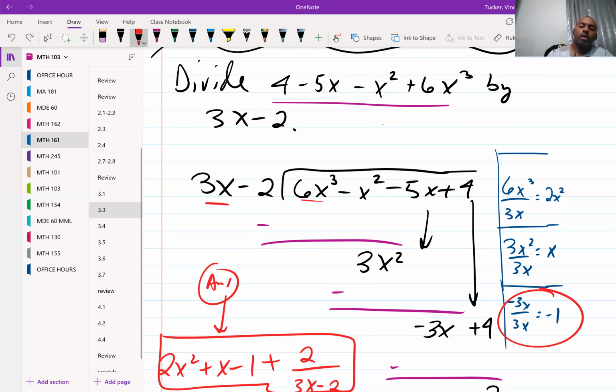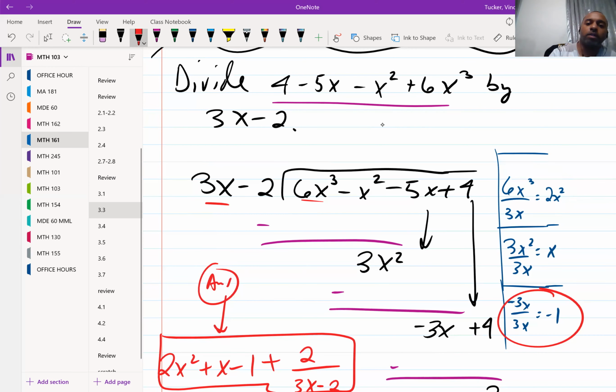So once again, you compare the first terms, 3x and 6x cubed. And that's what I did right here. You're saying what times 3x will give you 6x cubed, or in other words, 6x cubed divided by 3x will give you 2x squared.